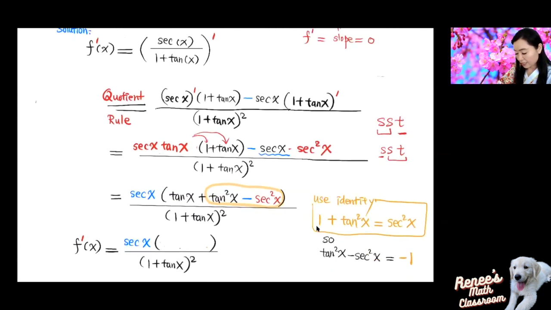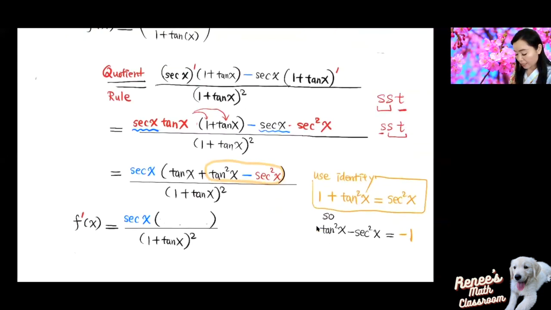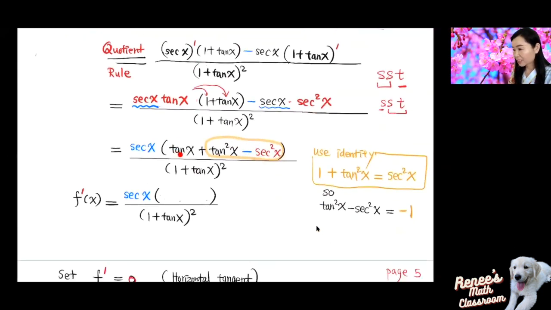Now, when we get to this step, we're going to take out this common factor secant x. We both have secant x over here. So we take out this common factor secant x in front. And now you distribute this tangent x. Tangent x times 1, you have this tangent x. Tangent x times tangent x, we have this tangent squared x. And then minus this secant squared x right here. Now, look at this expression in this parenthesis: tangent squared x minus secant squared x.